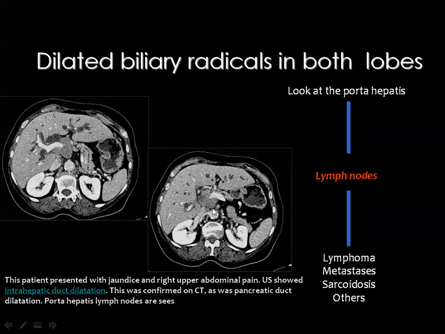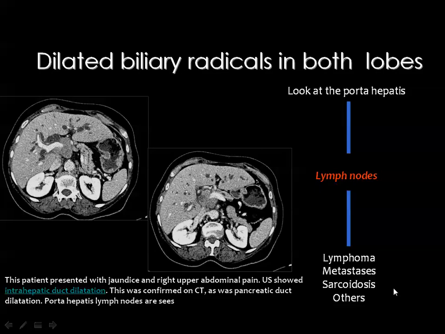And lymph node pathology here may include lymphoma, metastasis, sarcoid, and other pathologies of the lymph nodes. But you have reached the cause and the level of obstruction. The level is at the porta hepatis, and the cause is enlarged lymph nodes, whatever the underlying pathology.